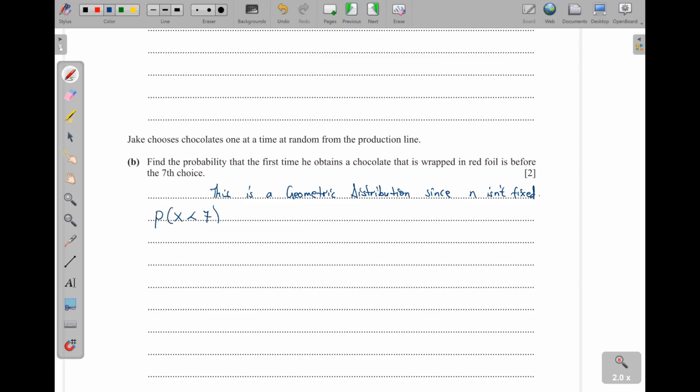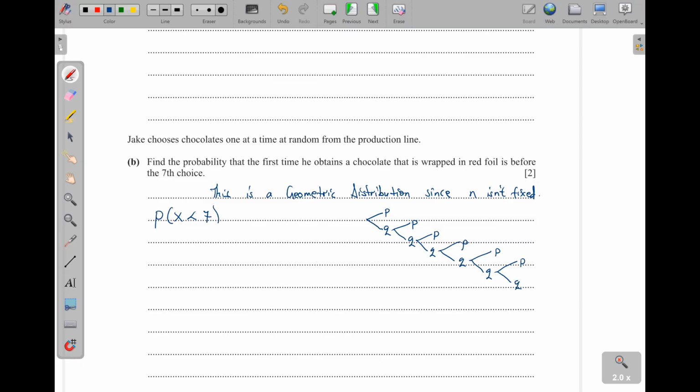Let me draw a probability tree diagram here to simplify the work. So you can do the experiment, you obtain a success, and then you fail. When you fail, you proceed. Success, you fail. Now I'm going to go up to the 7th one, below the 7th, so I will end on the 6th. P, then Q, then P here, then Q, then this one is the 5th one, and then the 6th one here.